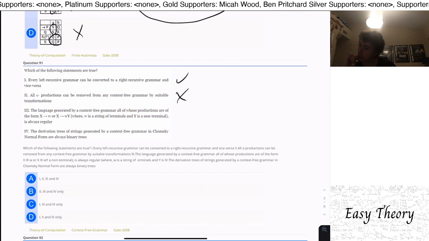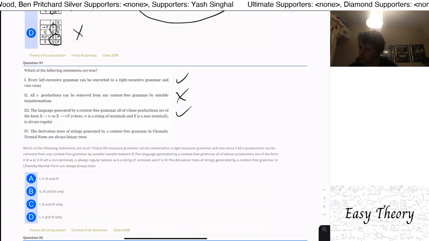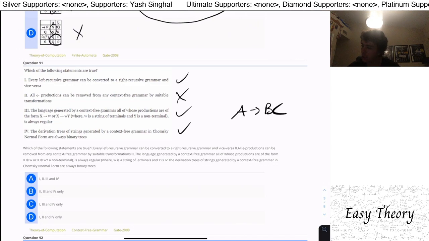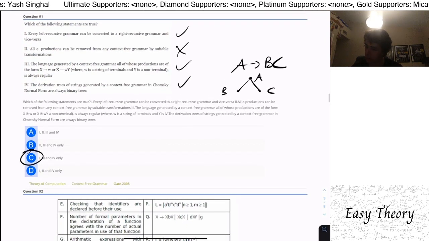The language generated by grammar whose form is those two is always regular. Yep, and that's pretty easy to show, because if W had a bunch of terminals, you could just make a bunch of rules that generated one of them at a time. Derivation trees are always binary trees because of the form of Chomsky normal form, which is A goes to BC. So then in the tree, you would have A at the top, B below, and C below it. So it's always a binary tree. So it's 1, 3, and 4.